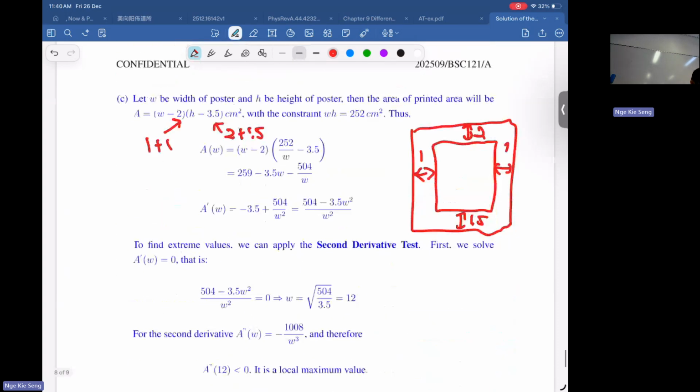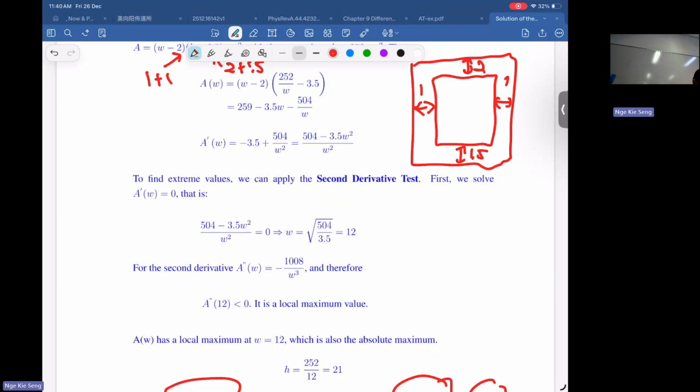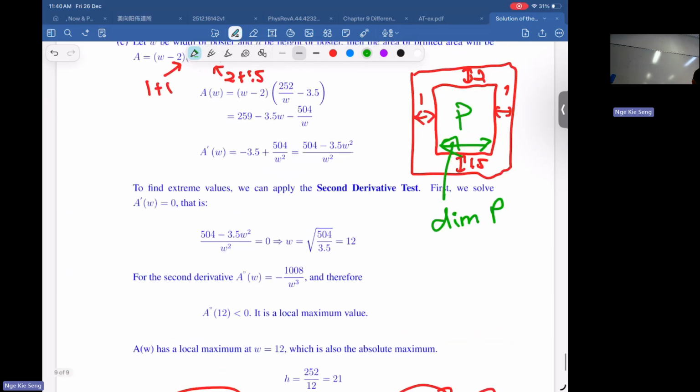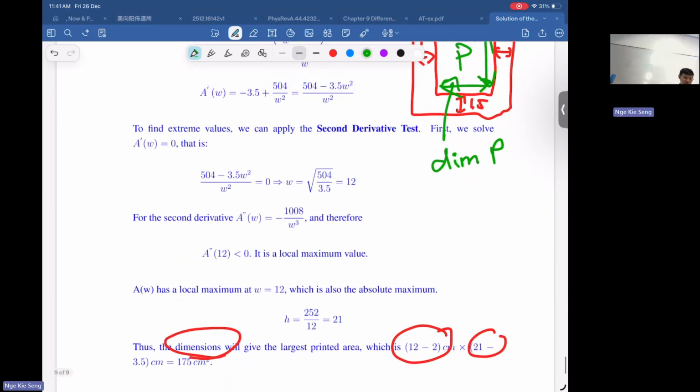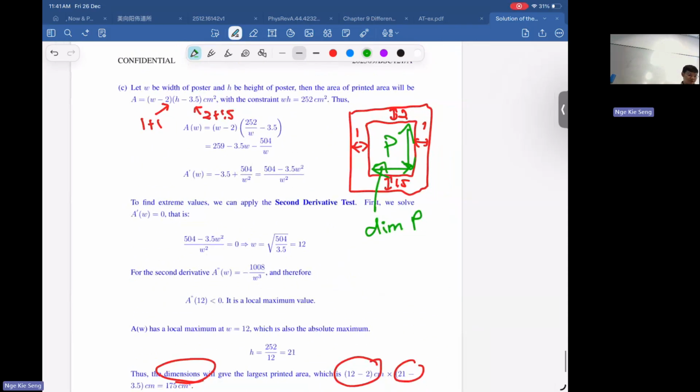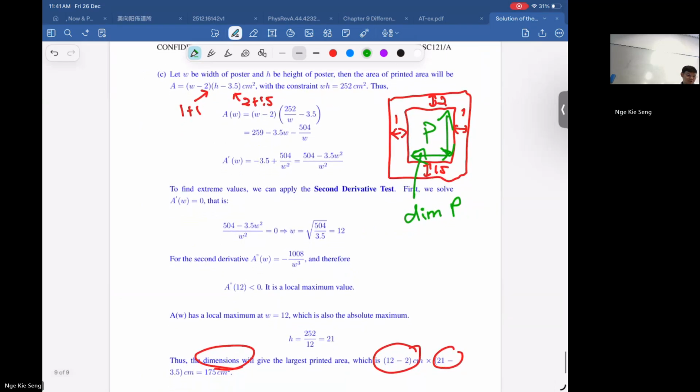Meaning this dimension is referring to the dimension of this picture here. You need to tell me what's the width and height after taking away the margin. The printed area. I think these are the two things that people keep asking during the exam.